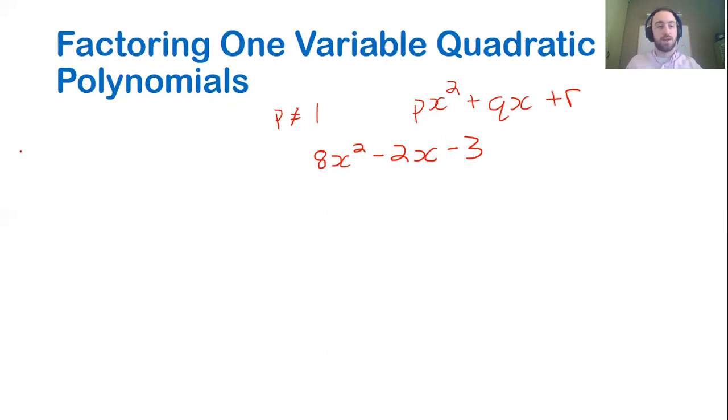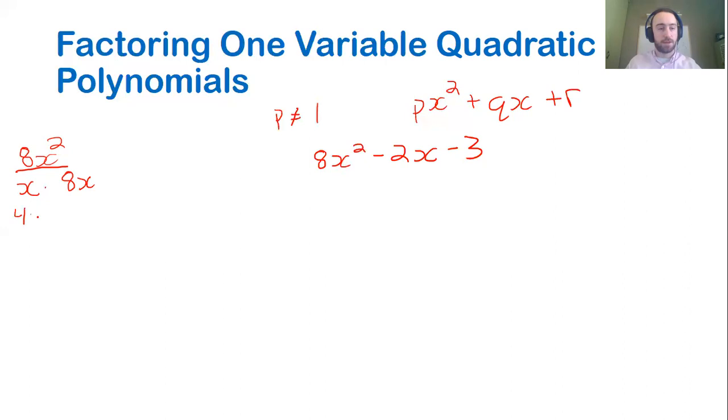So if we do that on the side here, we have 8x squared. And now it's important to note that we're only writing the positive factors for our first term. Only the positive factors for our first term. So what do we have? Well, we could have x and 8x.